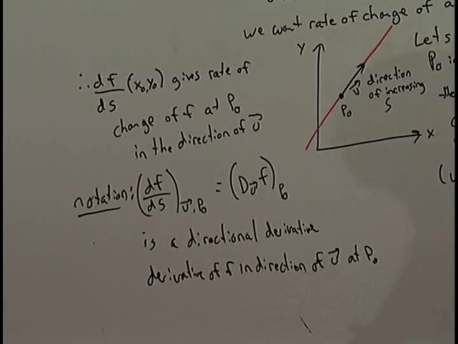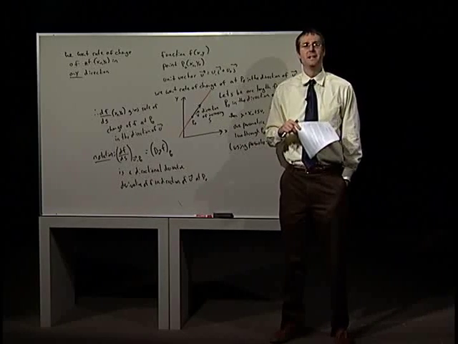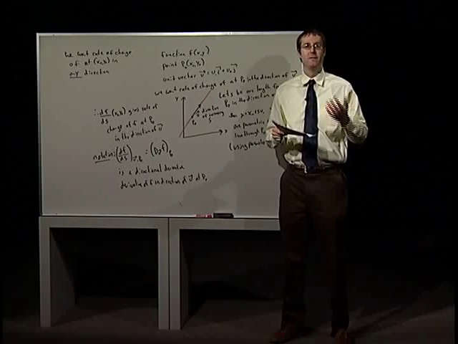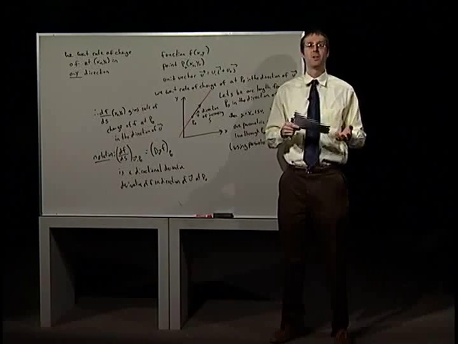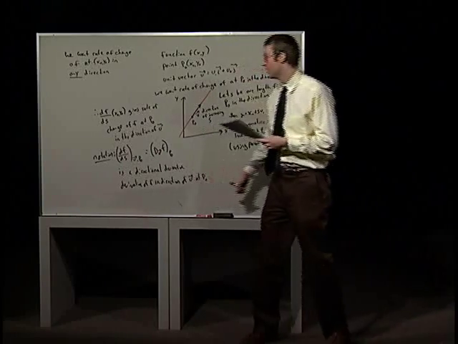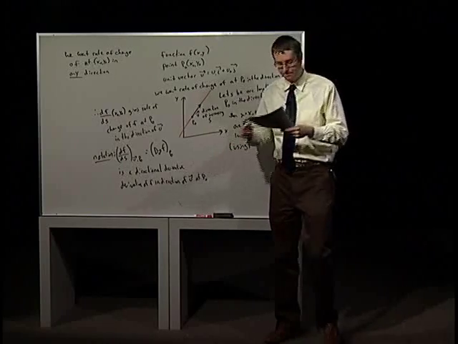And notice, too, our typical notation for partial derivatives is just extending that idea. All a partial derivative is just a directional derivative in a certain direction, the i direction or the j direction, right? This is just any direction. So those partials are just, this is an extension of that idea to any direction.